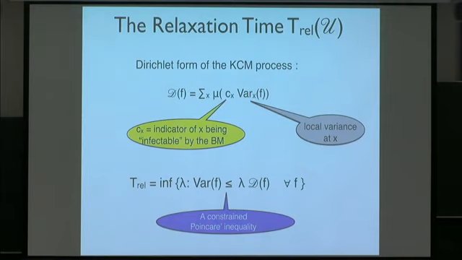This is what we call a constrained Poincaré inequality, constrained because in front of the local variance there is this indicator function that can be either 1 or 0. For example, in the East model, you have a similar expression, but the constants in front are strictly positive uniformly in the configuration, while here they can be 0, and this opens a new world of possibility.